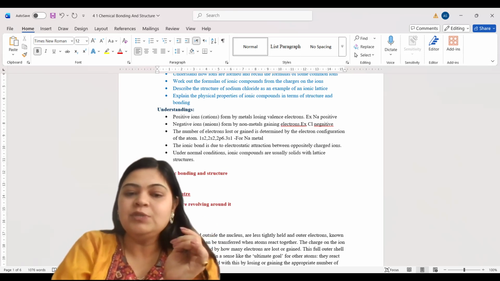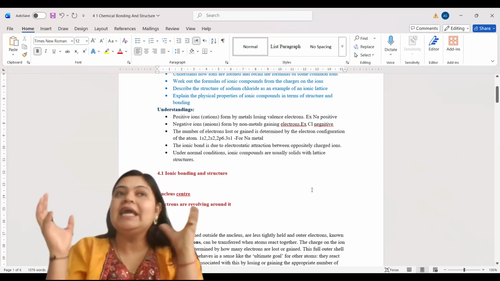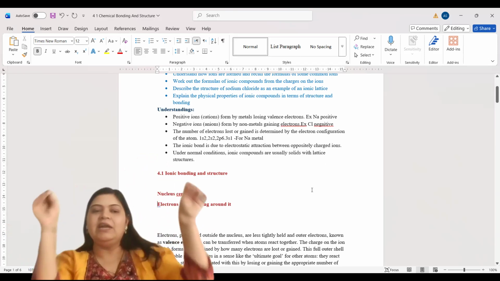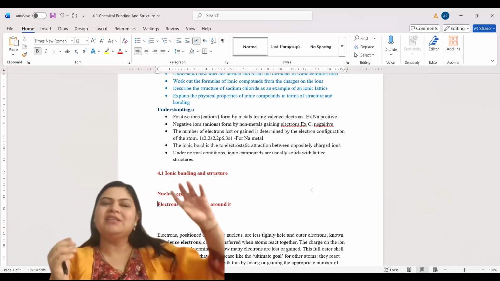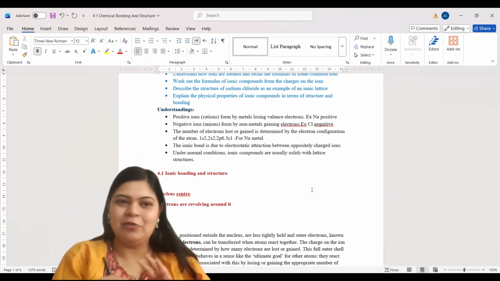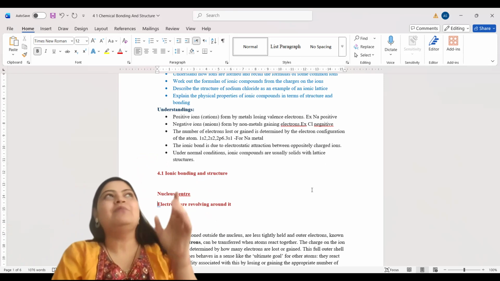Electrons positioned outside the nucleus are less tightly held, isn't it? For example, let me take a small analogy.